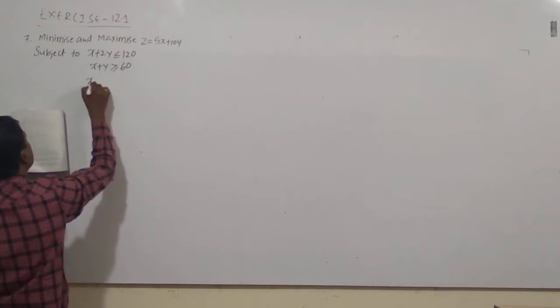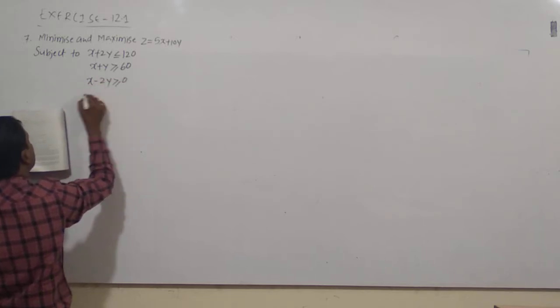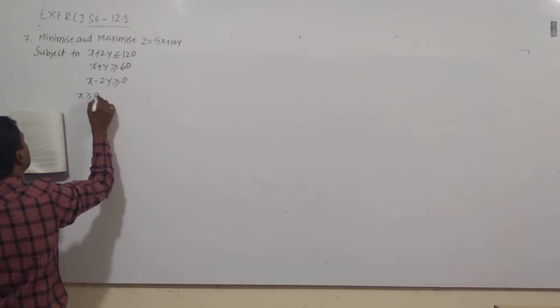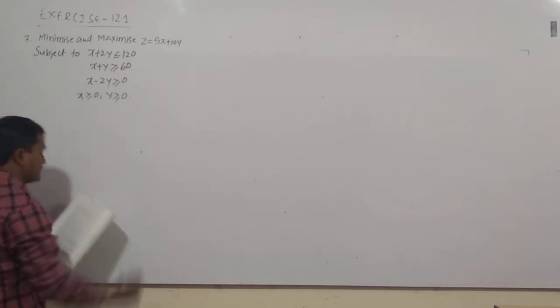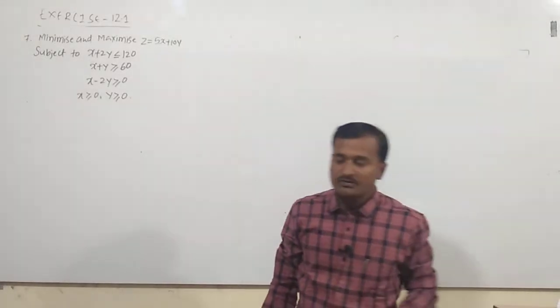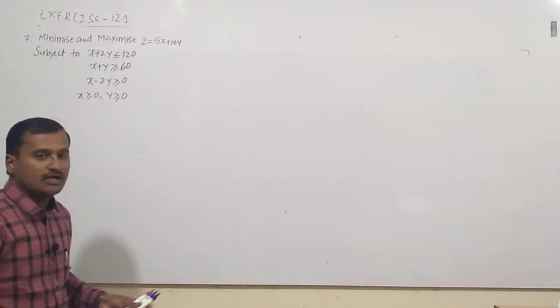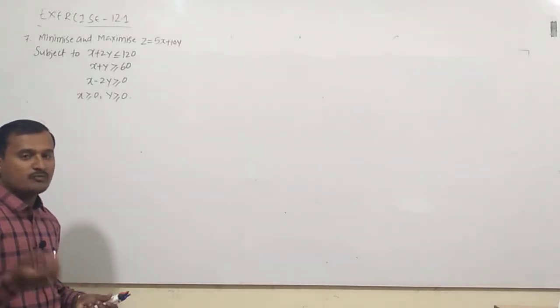Here it is x minus 2y, that is more than or equal to 0. Again x more than or equal to 0, y more than or equal to 0. Okay, right. So here we will show that the minimum value of z occurs at more than 1 point.